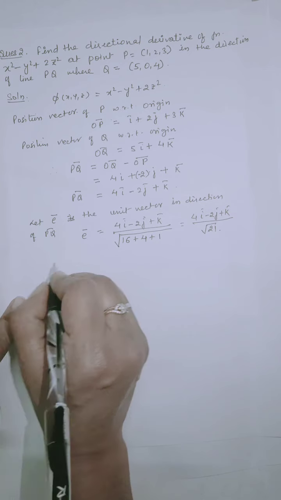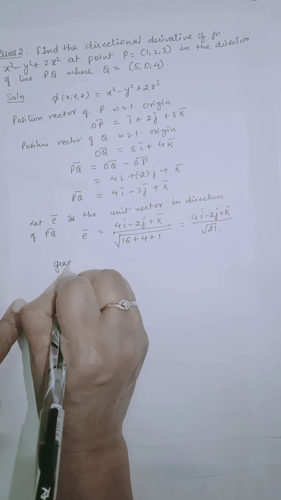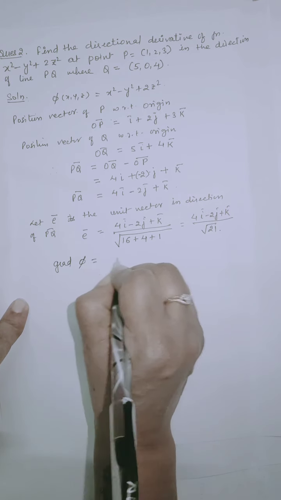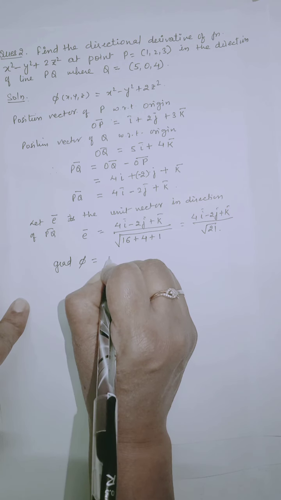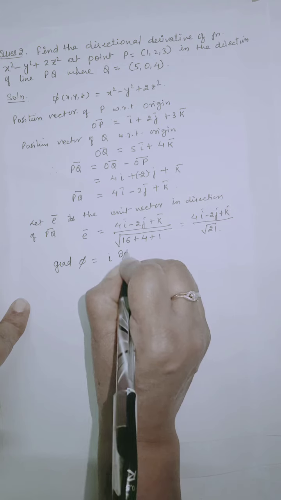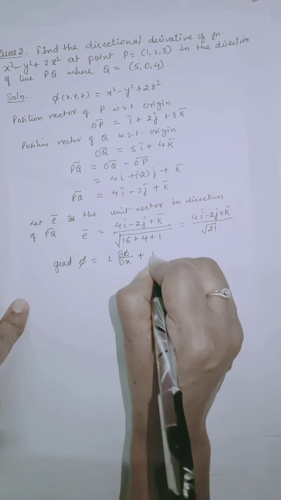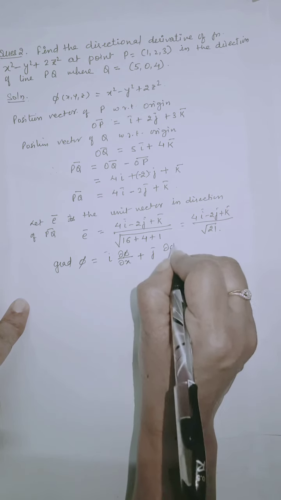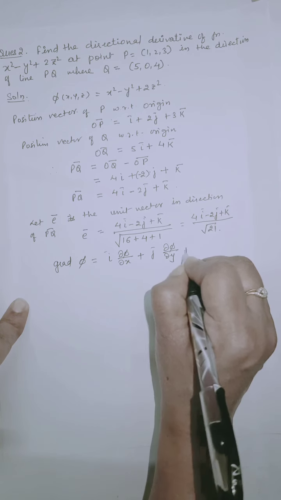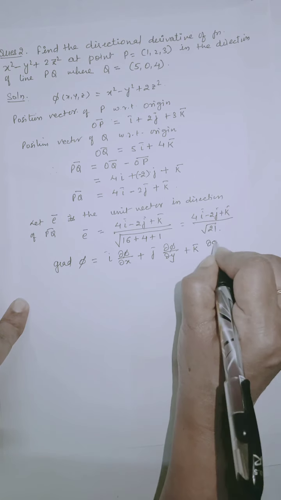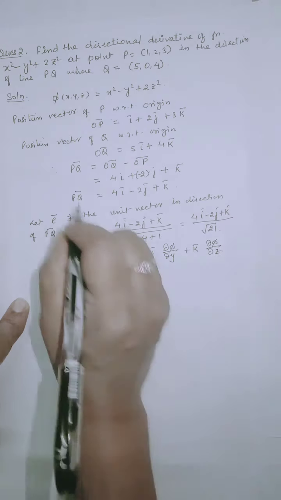So now let's find grad phi. The value of grad phi is i del phi by del x plus j del phi by del y plus k del phi by del z.